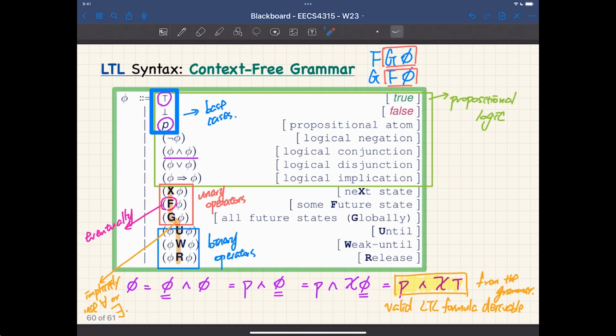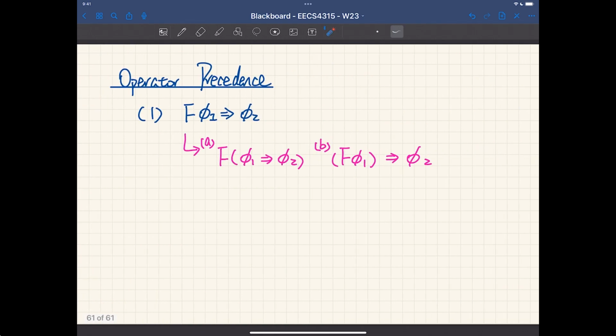Any formula you write based on this grammar can be checked by a model checker with either true, false, or unknown. So both are valid. But what does the future of a base case mean? Does future of true or future of false have a meaning? Very quickly, sure. For this one here, the meaning would be that at some point in the future, this implication holds true.